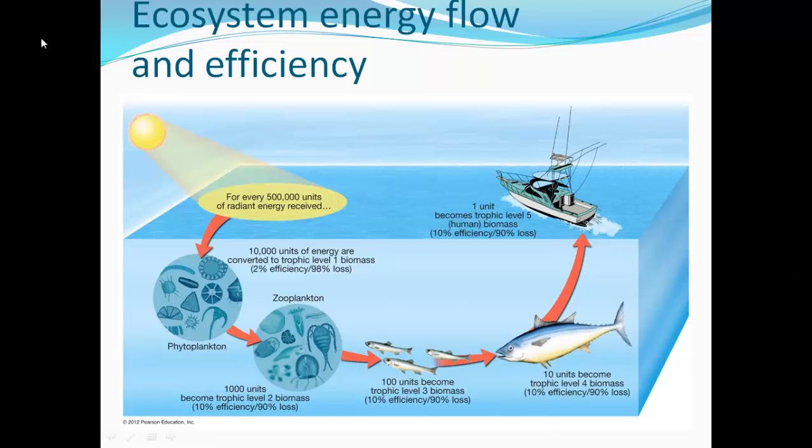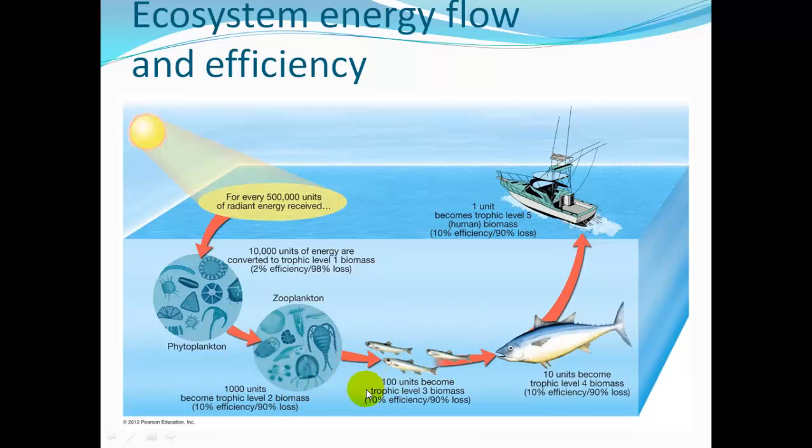Okay? So, with solar radiation, let's say the sun is giving us 500,000 units of radiant energy. The phytoplankton convert only 2% of that into energy, so there's 10,000 units of energy. The zooplankton eat the phytoplankton and take only 2% of the 10,000, which is 1,000 units of energy.